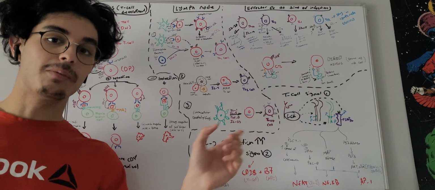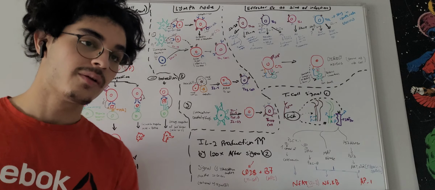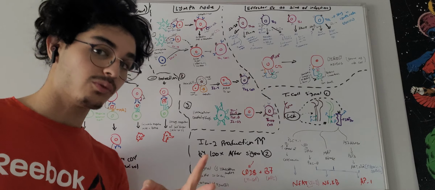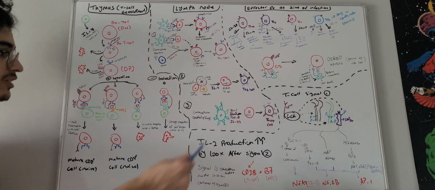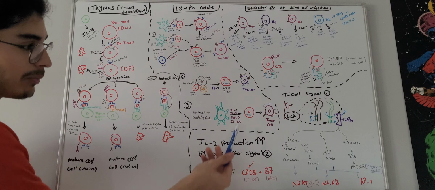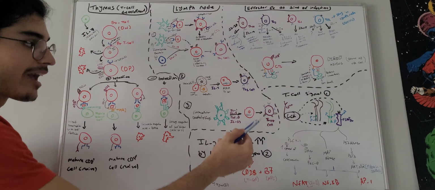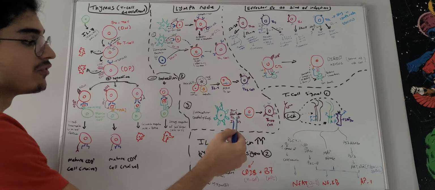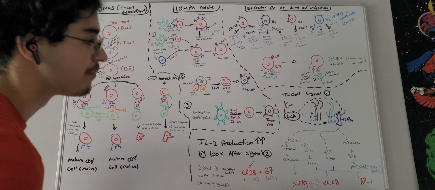Afterwards, they're secreting a bunch of cytokines. What cytokines? Interleukin 1, interleukin 6, interleukin 23, and transforming growth factor beta. These are all going to act on this activated T helper cell, and it'll activate RORγt. RORγt is the transcription factor that's going to facilitate the formation of T helper 17.